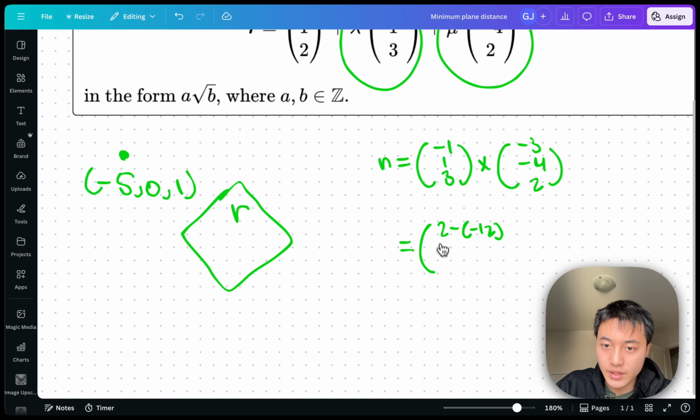Then the y coordinate is going to be 3 times 1, negative 9, minus 1 times 3, which is negative 2. And the z is going to be 1 times 2, which is 4, minus 2 times 1, which is negative 3.